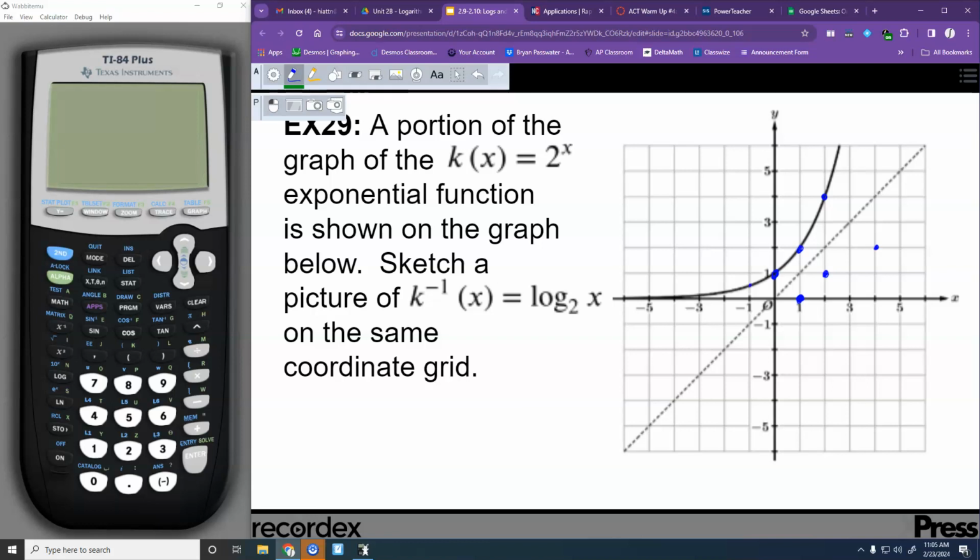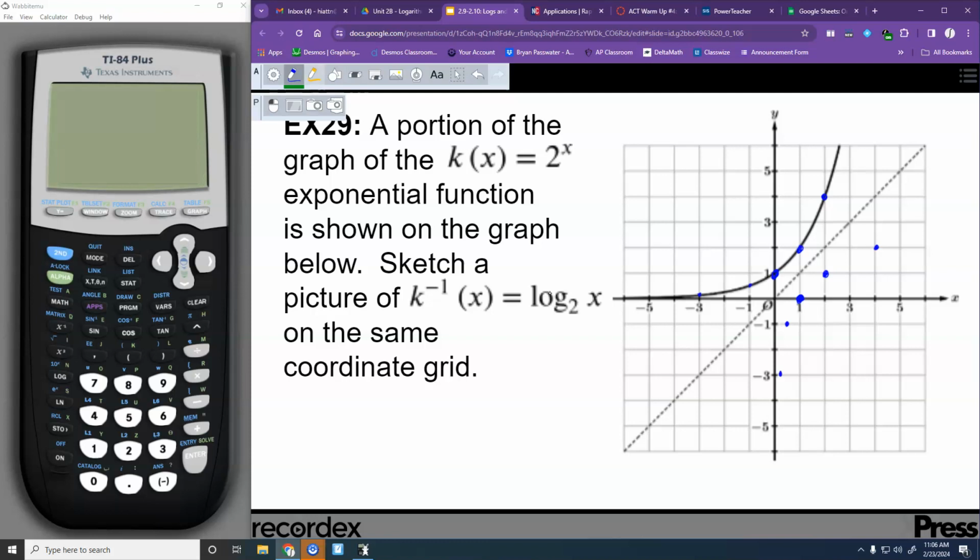Like that's -1, 1/2, let's say. So that's going to be 1/2, -1, that'll be here. Let's call that like -3, -0.1. So -0.1, -3 right here.